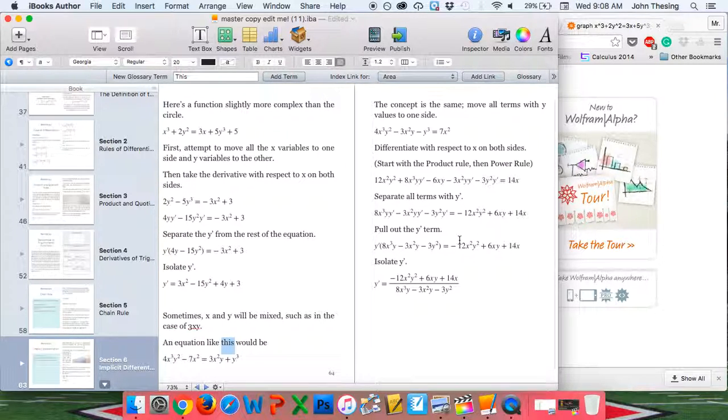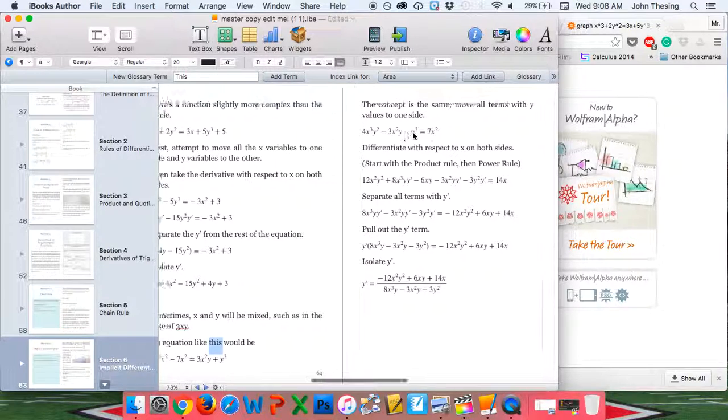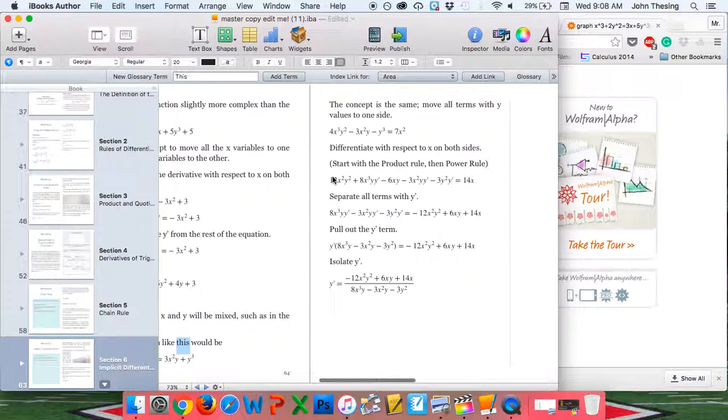4x cubed y squared minus 3x squared y minus y cubed equals 7x squared. Okay, that's good. 12x squared y squared plus 8x cubed y prime minus 6xy minus 3.